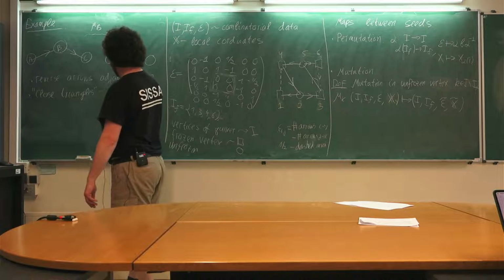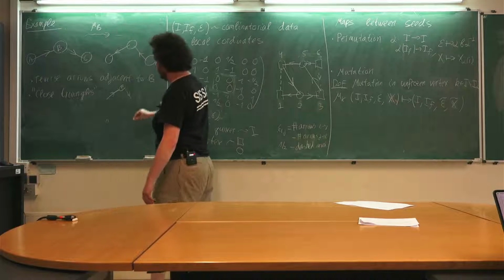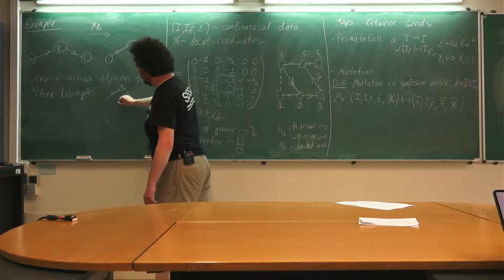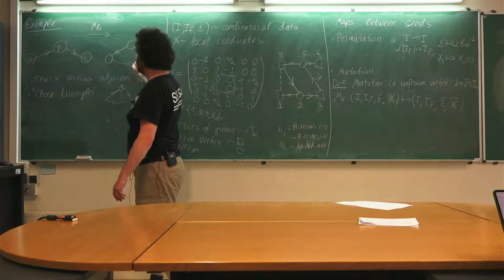Okay, this is in quotation marks. It means that after this operation, if we have a path of length 2 with B in the center, we close it to a triangle. So in this case, we add this arrow.